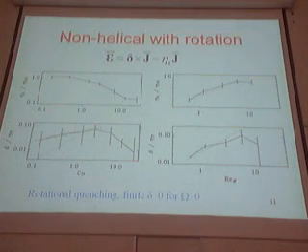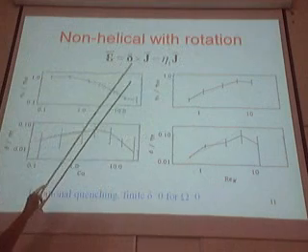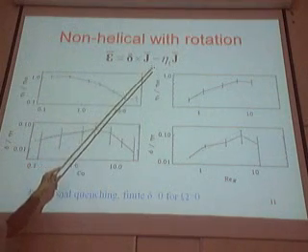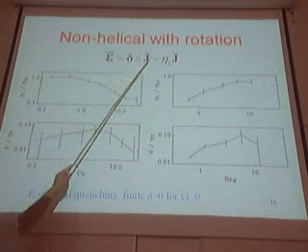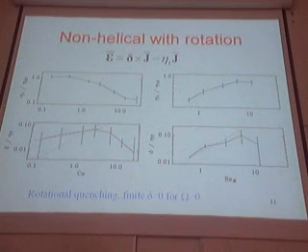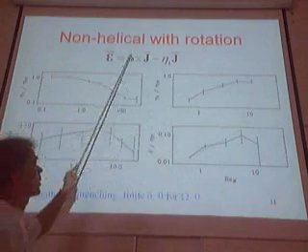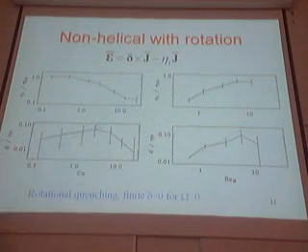Now, a few other cases. What happens in the absence of helicity, for non-helical flows, but if you do have rotation, then we do have an off-diagonal component of the turbulent diffusion tensor, which you can split off by determining the off-diagonal component. It turns out that the off-diagonal component is antisymmetric, and then an antisymmetric off-diagonal component you can express by a vector. Epsilon ijk is the Levi-Civita tensor, of course.